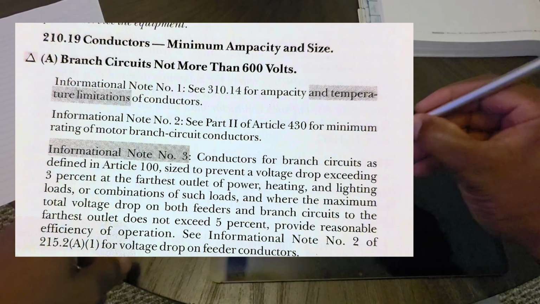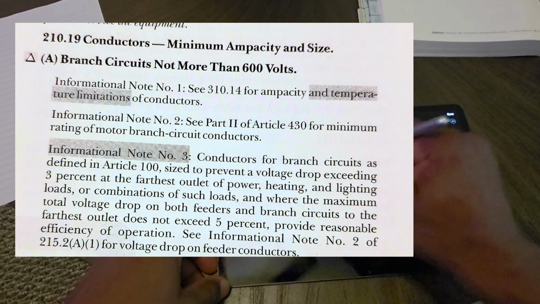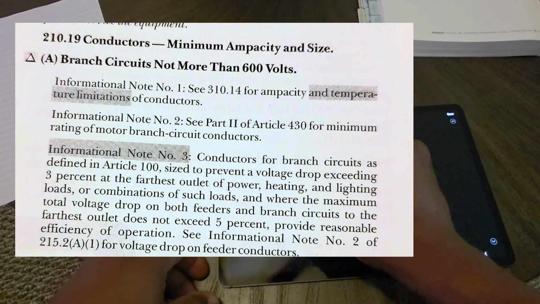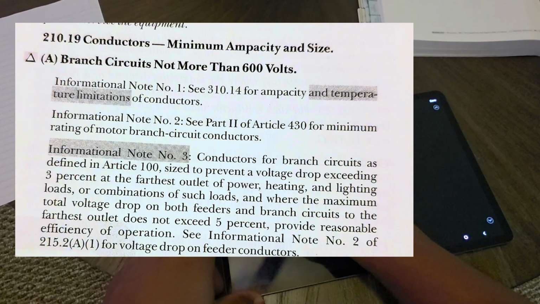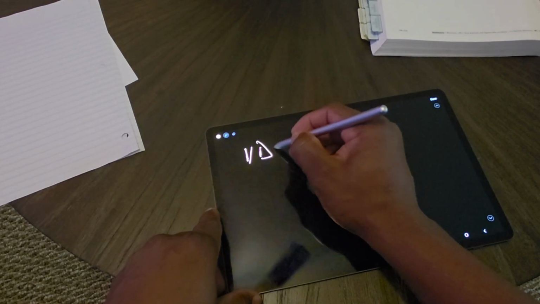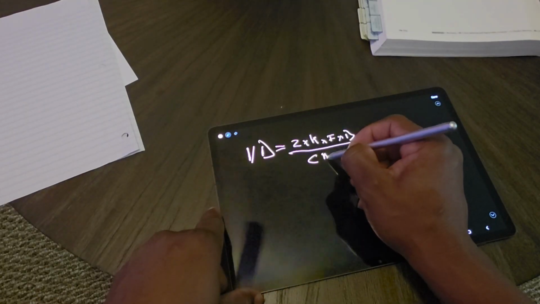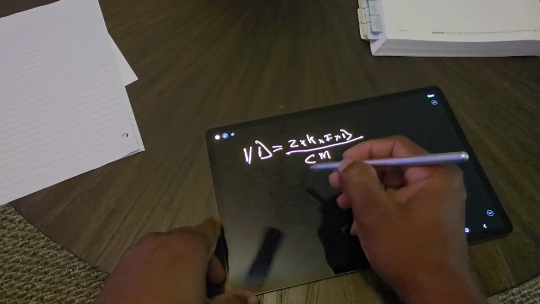All right, guys, we are back. We know the circular mills we're gonna be working in, so we're in business. We already know the formula would be VD equals division. So now we got our first number.